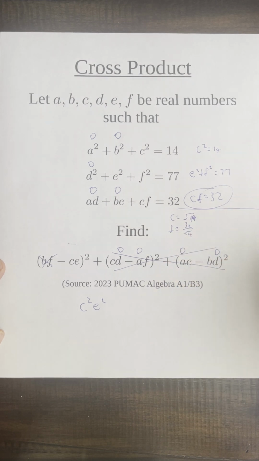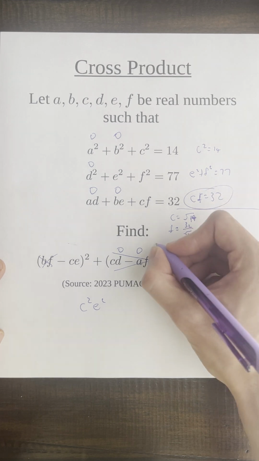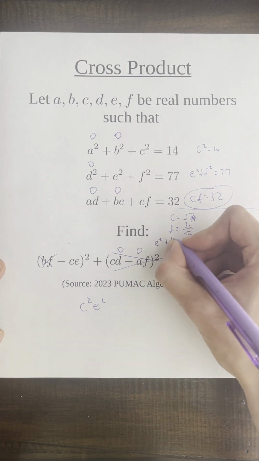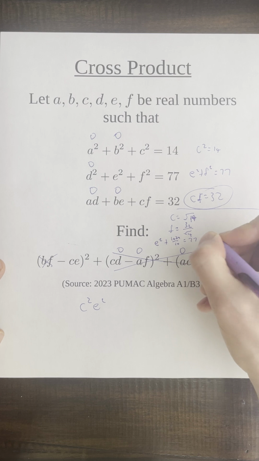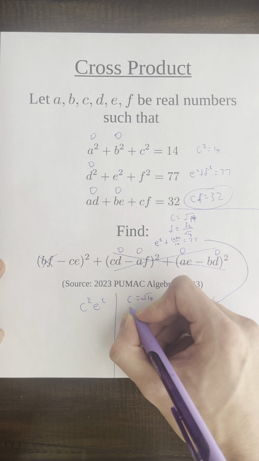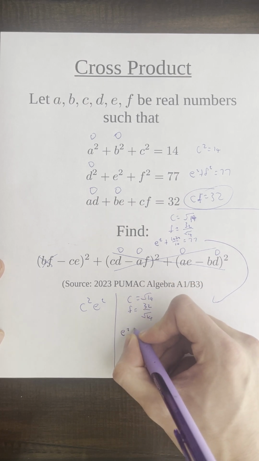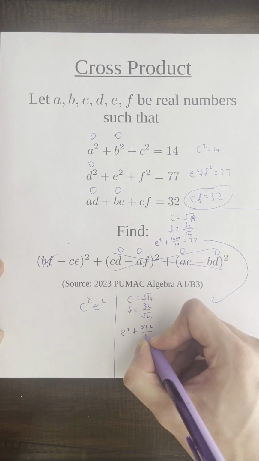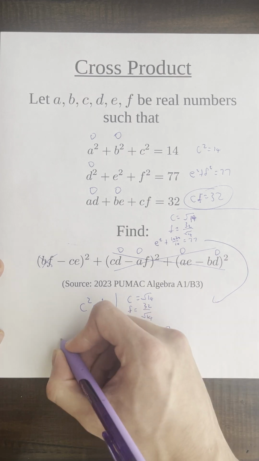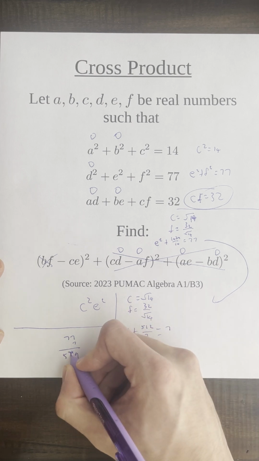Okay, so then I can find E here. So E squared plus F squared, so 1024 over 14 is equal to 77. All right, I'm going to copy this here. Okay, so C is equal to root 14, F is equal to 32 over root 14, and E squared plus 512 over 7 is equal to 77. 77 is how much over 7? 539.